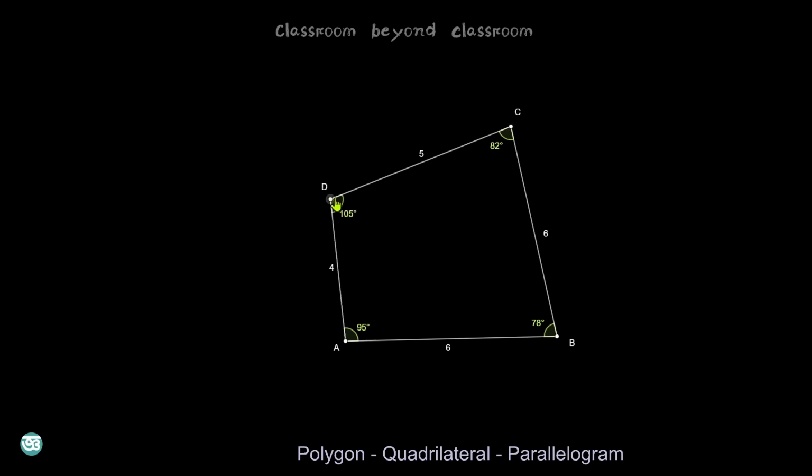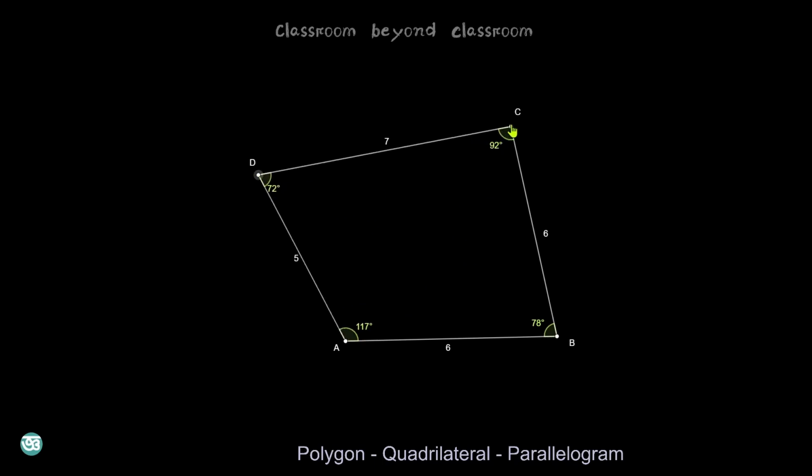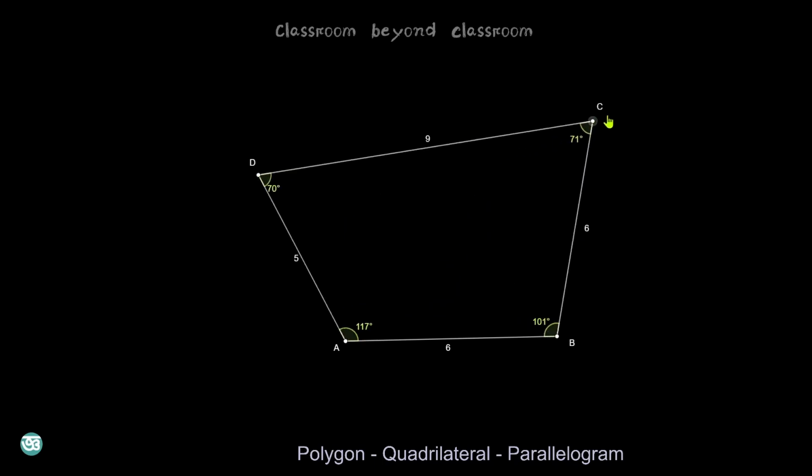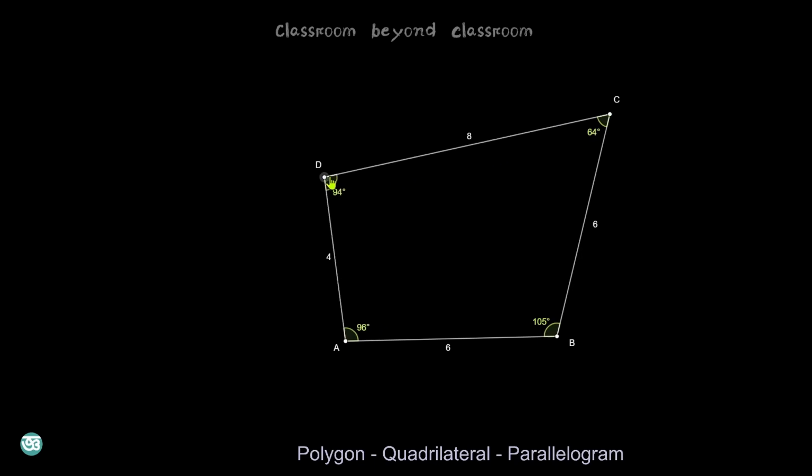Now if I change the position of vertex D, at this position this internal angle is 221 degrees, greater than 180 degrees, and this type of polygon is called a concave polygon. This may be like this also, and so on.